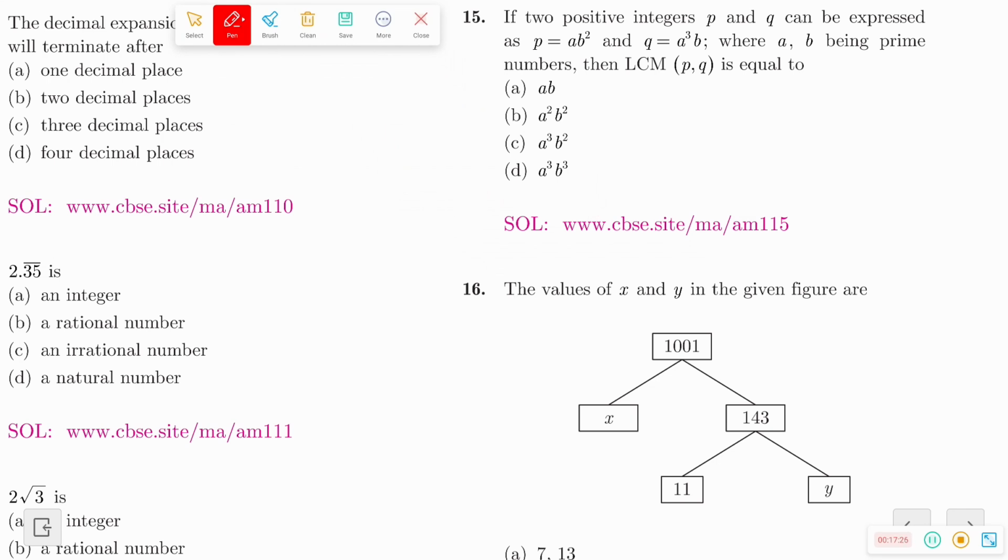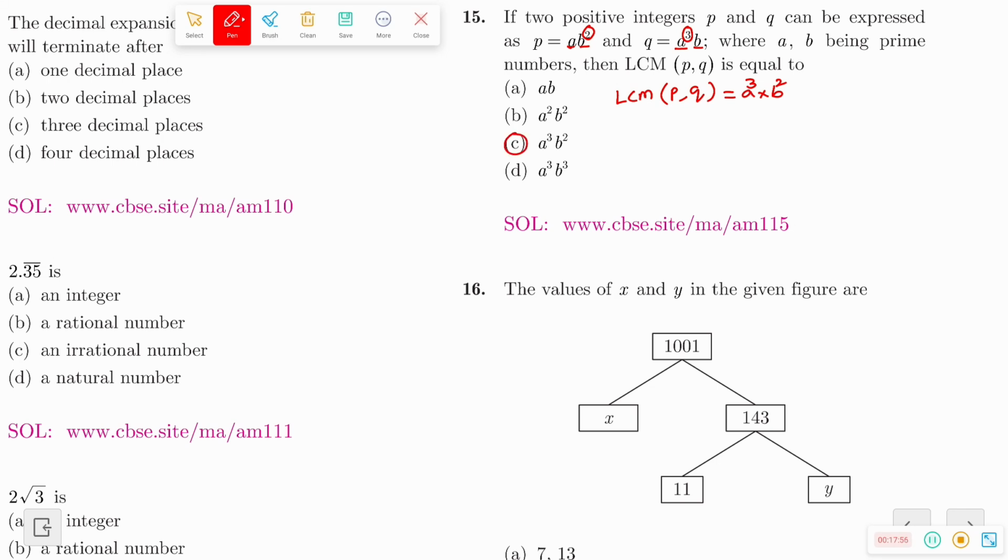That is LCM of P comma Q. Here all the factors are A and B, so A into B we have to write, and now we have to take their highest powers. Highest power of A is 3, so we should write 3 here. Highest power of B is 2, so we have to write 2 here. So the LCM of P comma Q is A power 3 into B power 2, so option C is correct.